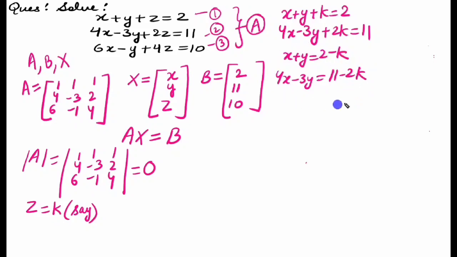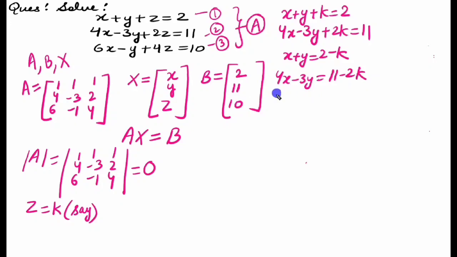Now we have to solve these two equations to get the values of x and y in terms of k. For that we will again use the same matrix method. So here we are having two equations in two variables, and we will find out the solution of this system of linear equations using the matrix method itself.